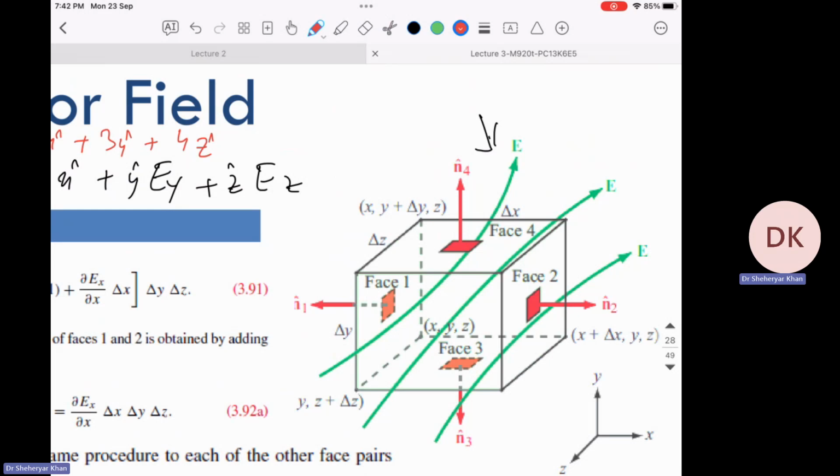This point is y plus delta y, maybe 3 centimeters high. This point is z plus delta z, maybe 5 centimeters. So if you place it at x, y, z, then this point, this point, this point. Now we have different phases.